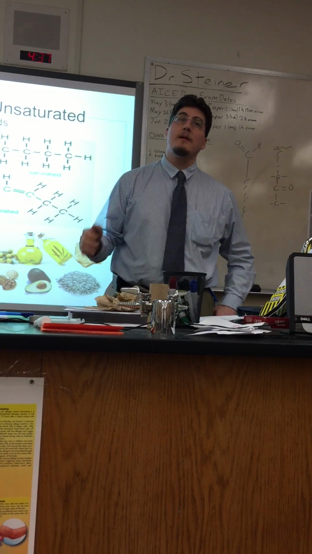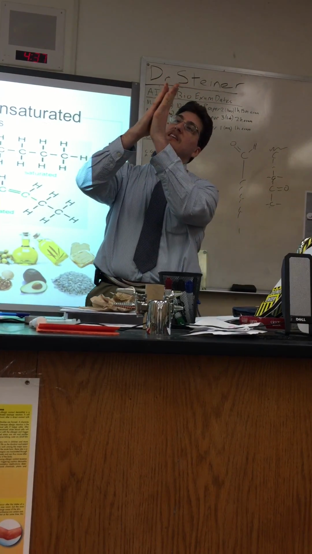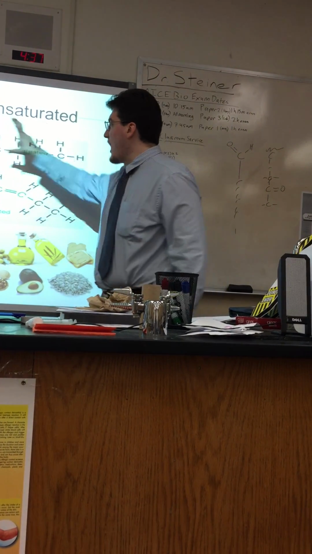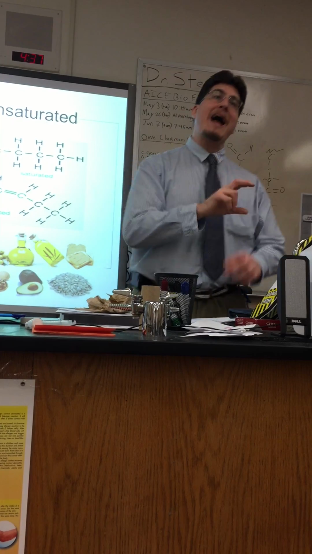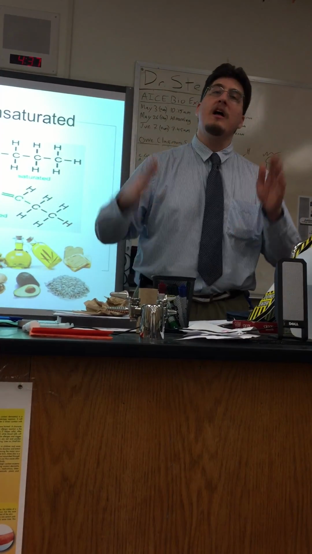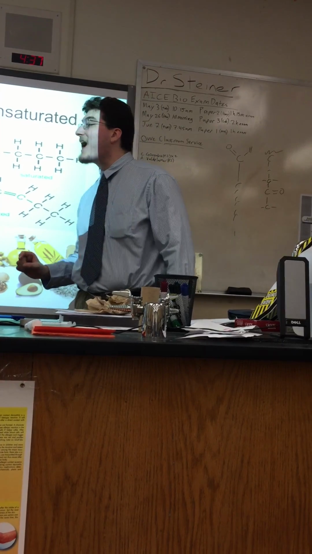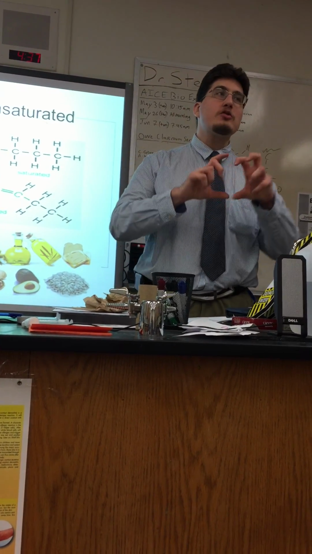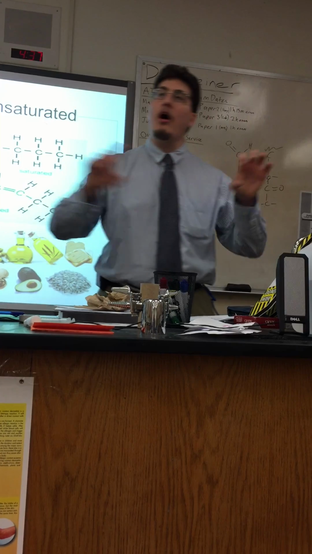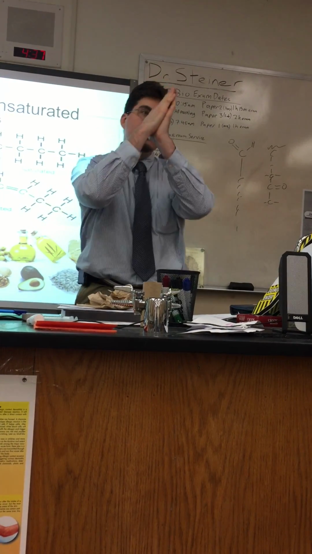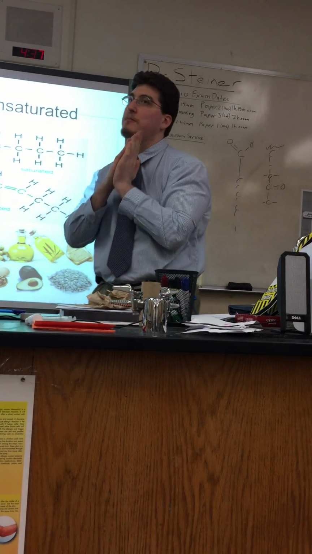Unsaturated fatty acids, the kinks in the chain force them away from each other. And when the nonpolar groups are interacting with other nonpolar groups, they tend to clump together. So a saturated fatty acid chain, the longer chains will group together in long straight chains that make very efficient packing.